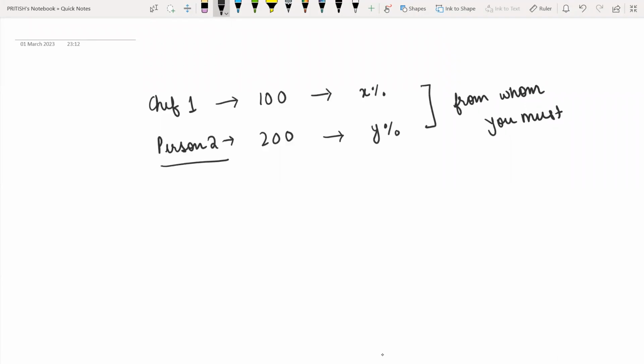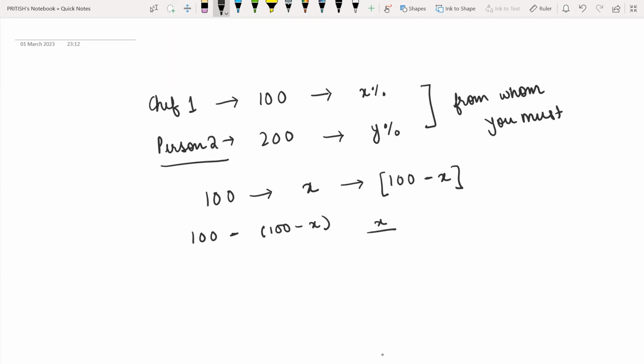So if we calculate, then for 100, if we give a discount of X, the answer would definitely be 100 minus X. This is a very common thing, because we just subtract X from it, and we take the percentage.